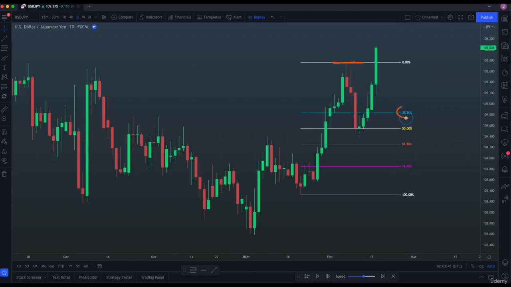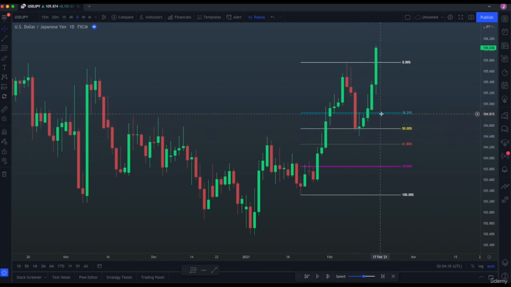So 38.2% did not hold. 50% is the level where this price was rejected. So looking left, we can also see that this 50% retracement level acted as a resistance before.